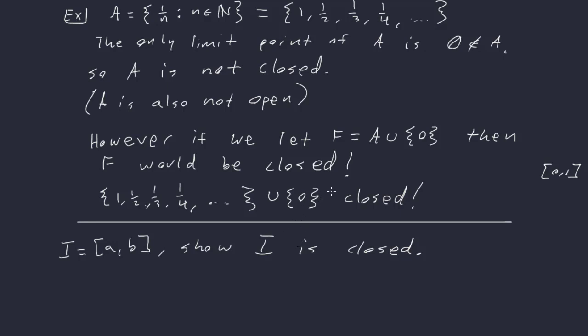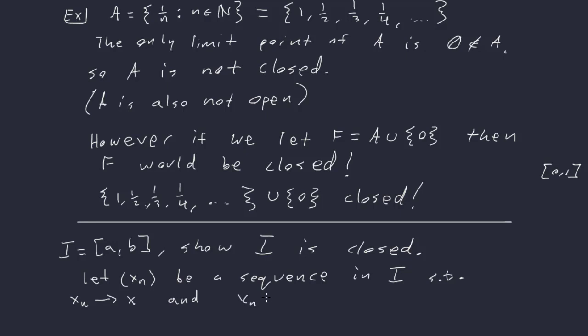So let x sub n be a sequence in I such that x_n converges to x and x_n is not equal to x for all n.